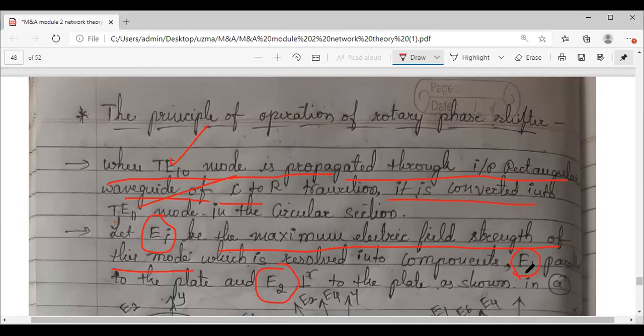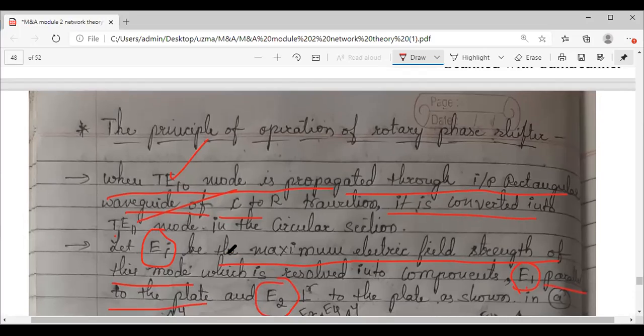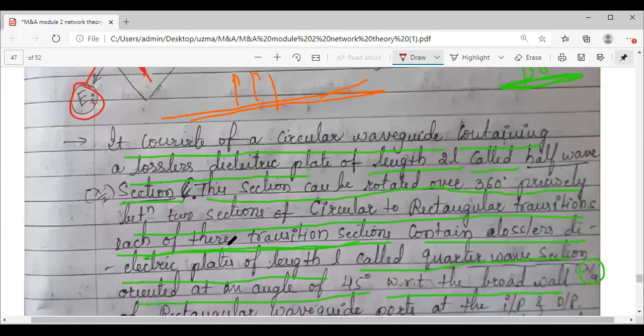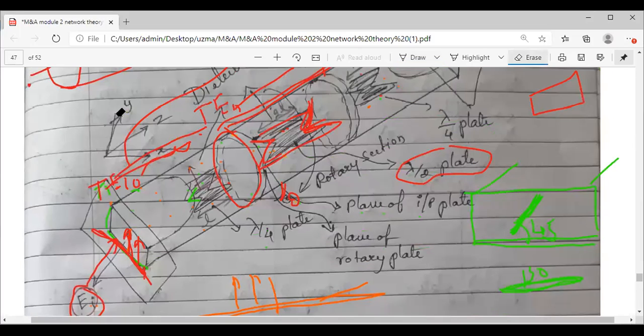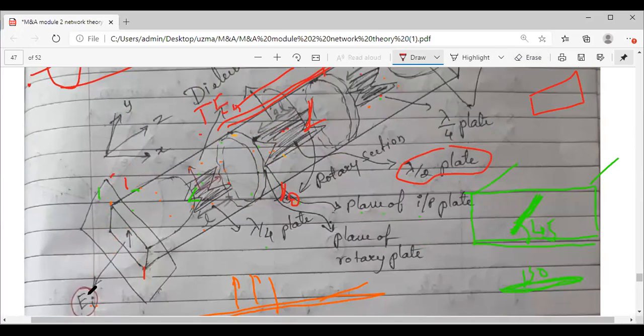And how are these E1 and E2? E1 is parallel to the plate. So which plate am I talking about? Okay, coming to this figure. EI is entering through this port. When it enters, it is a TE10 mode.